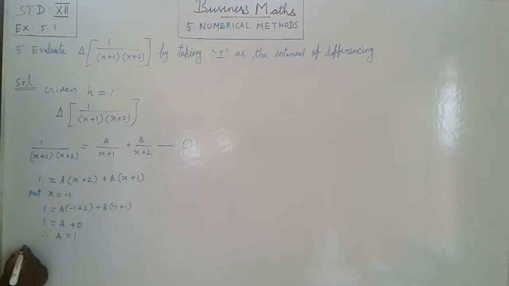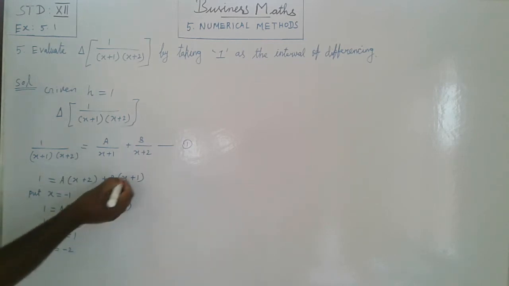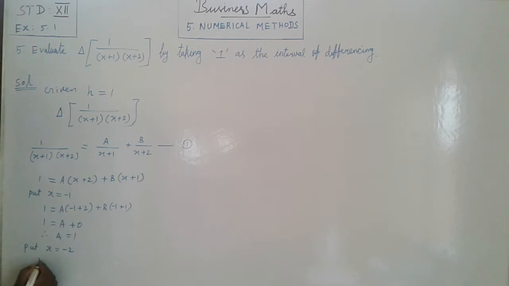Next put x equal to minus 2. Then the a term is 0, since minus 2 plus 2 is 0. Now find b: 1 equal to a into (minus 2 plus 2) plus b into (minus 2 plus 1).